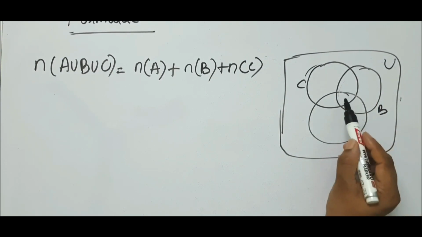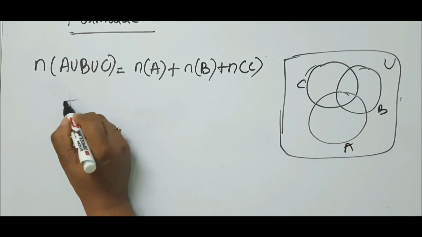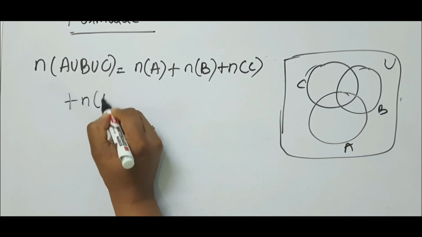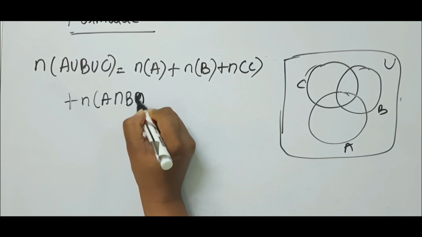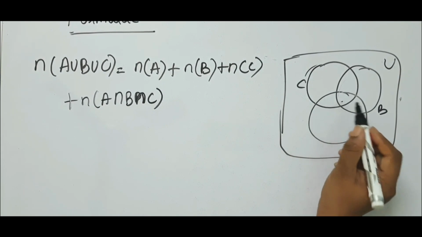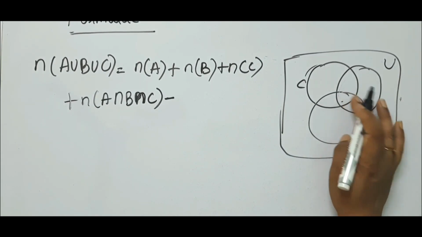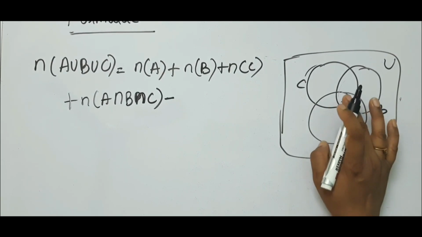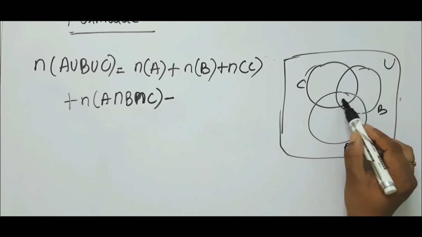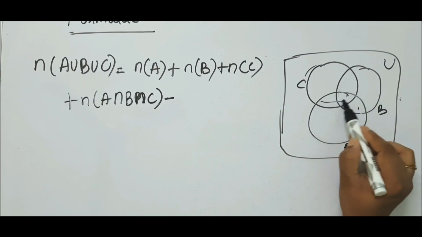Next we have to count the common elements also. So plus the number of elements in A intersection B intersection C, this part. Now start subtracting this part, as we already counted the common elements of A intersection B intersection C. Now just start subtracting the number of elements in this set and this set and this set.